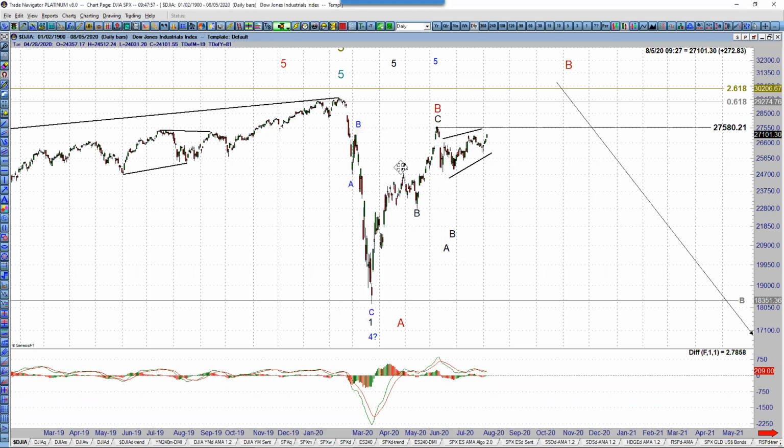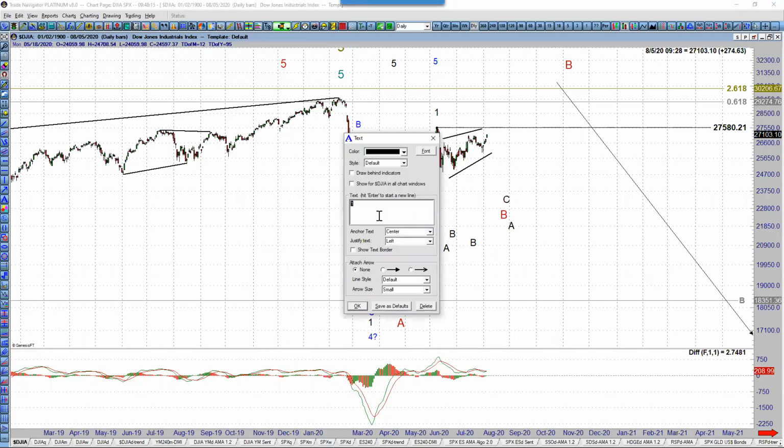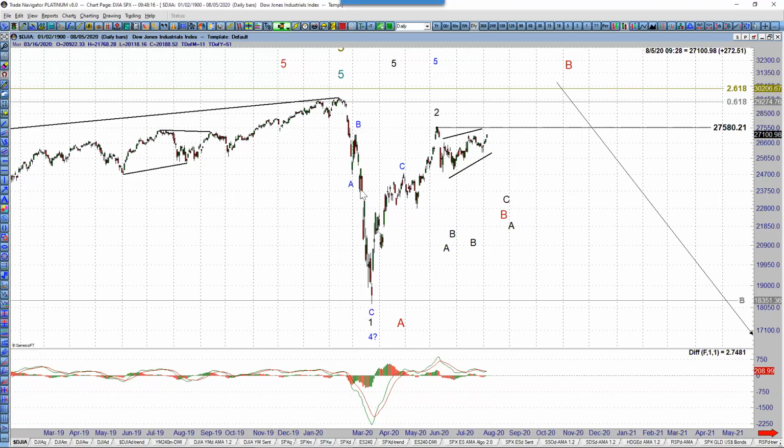And then these degree of labels would be wrong, and this might be an A, B, C for a wave 2 of a diagonal here. And diagonals, they eat up some time.